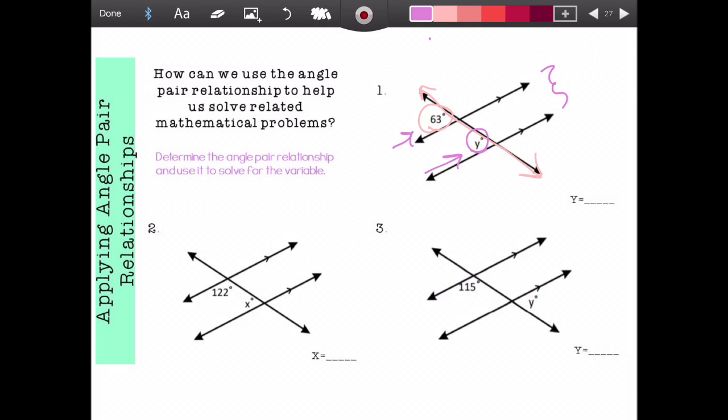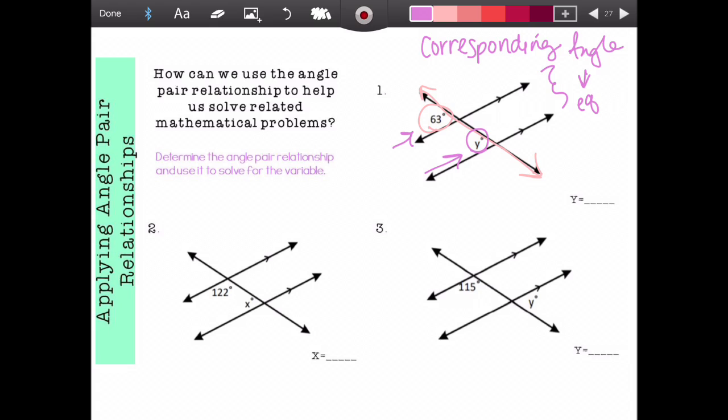So these are corresponding angles. Now, the next thing we need to do is remember the corresponding angle relationship. In this case, their relationship is equal.